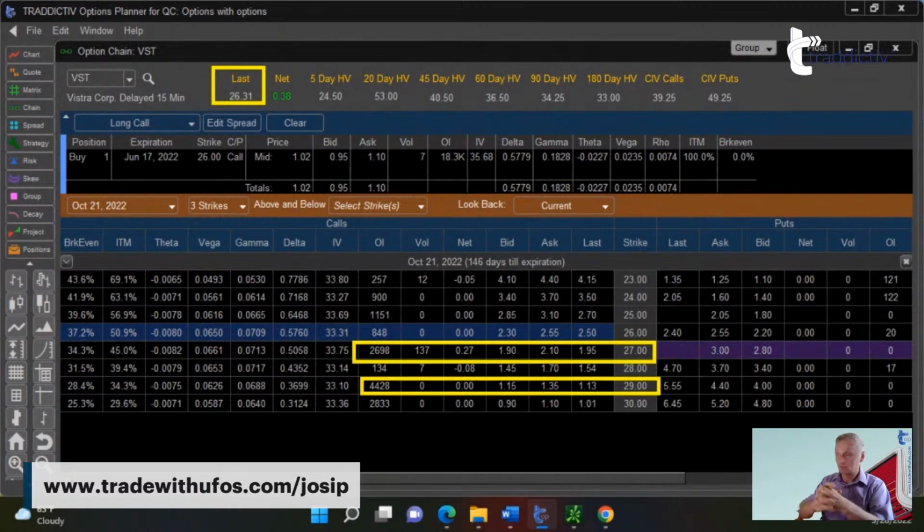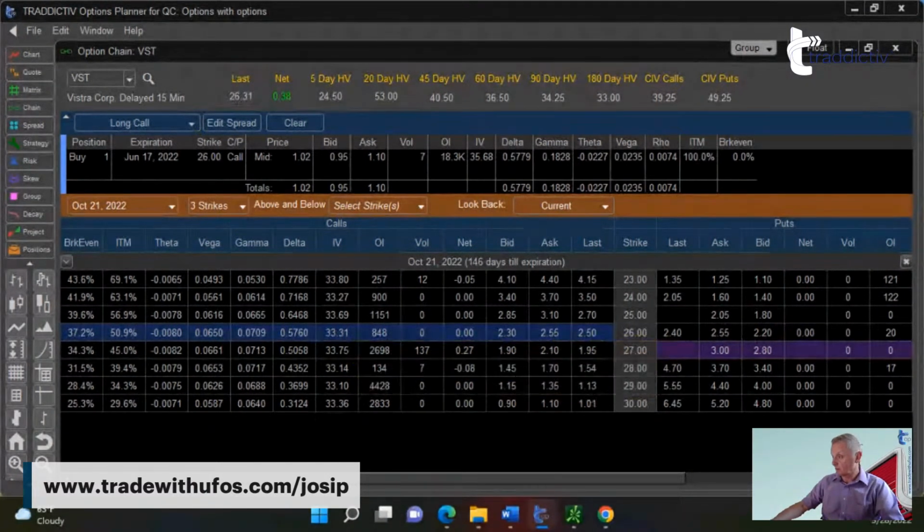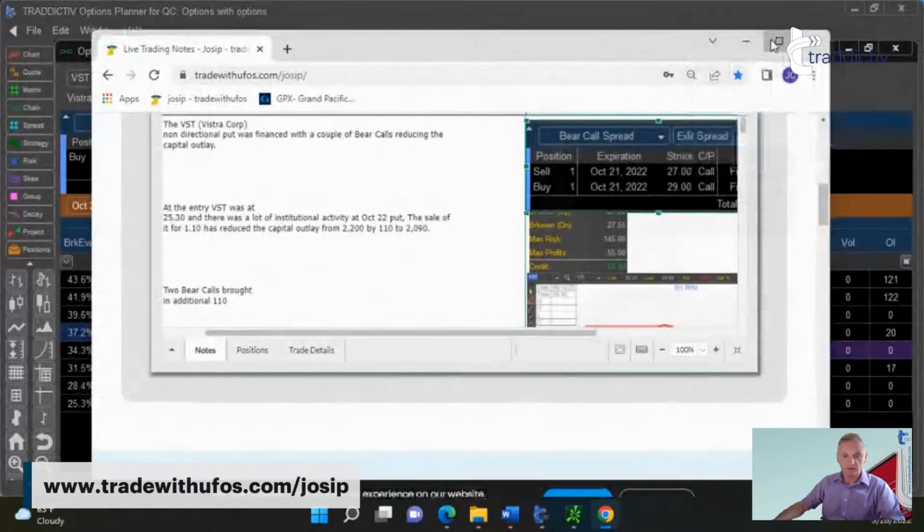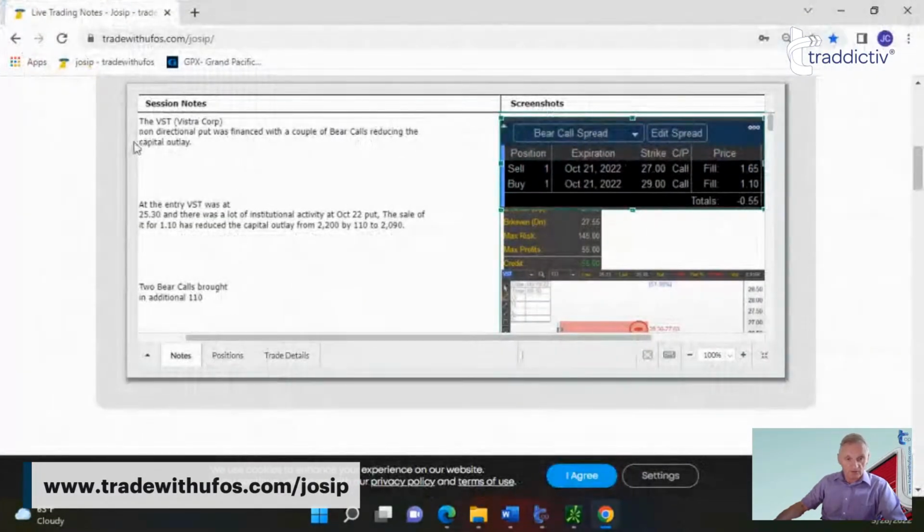to see you. The other part of the trade is what we have done with the long position. So with the long position, what we have done here, if you take a moment to read, that we were selecting non-directional trade, and we are financing it with the bear call spread, right?